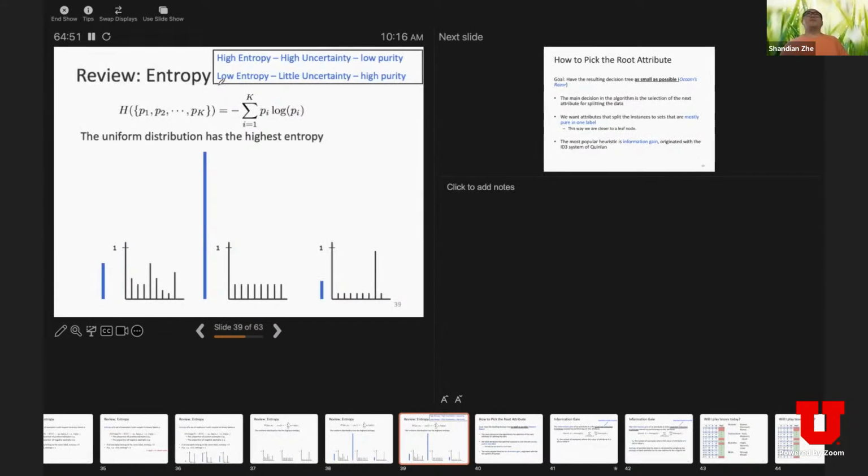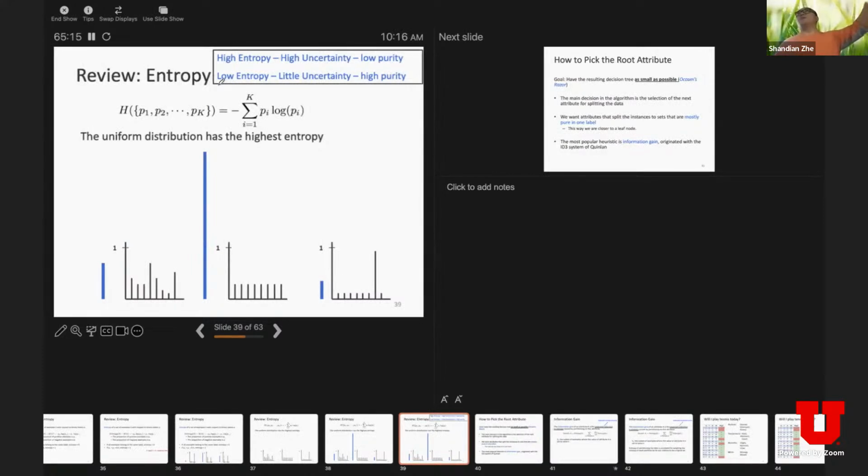Okay. Then, coming back to our question, we want a measurement which tells us, using a particular attribute, what the improvement of the label purity is.